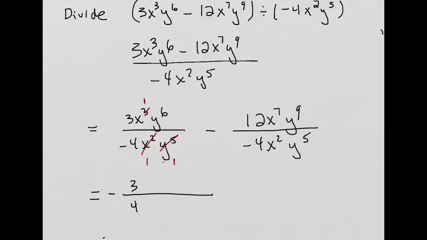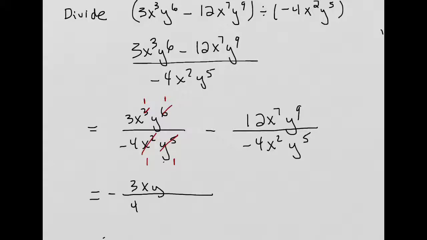When I divide top and bottom by y to the 5th, the y to the 5th on the bottom becomes 1. On the top, 6 minus 5 gives y to the 1st. So what I'm left with is 3x to the first y to the first, and on the bottom I just have 4 times 1 times 1.